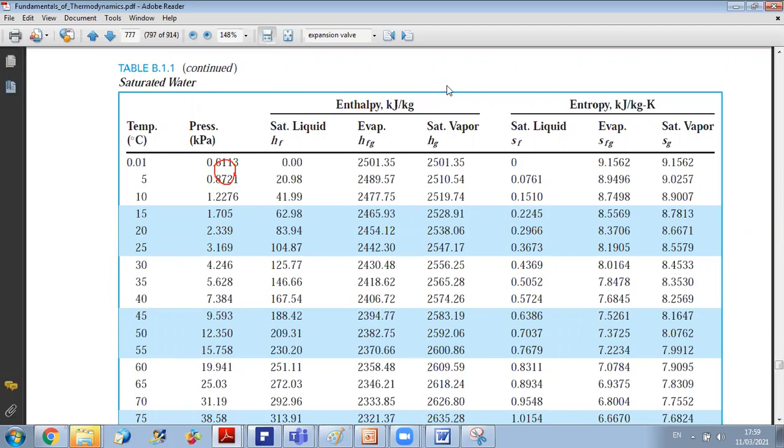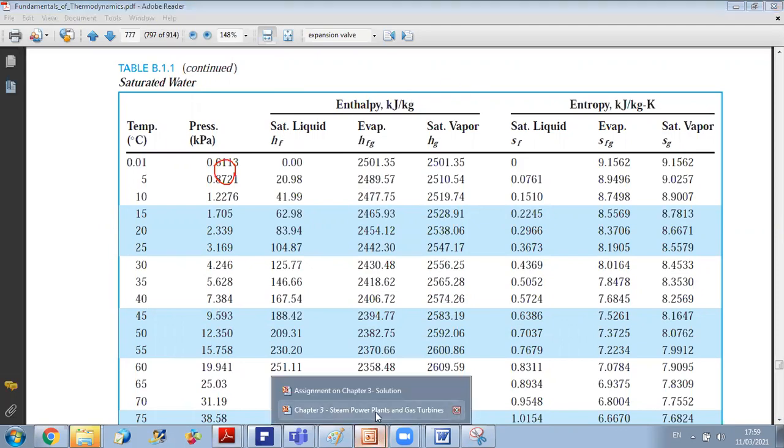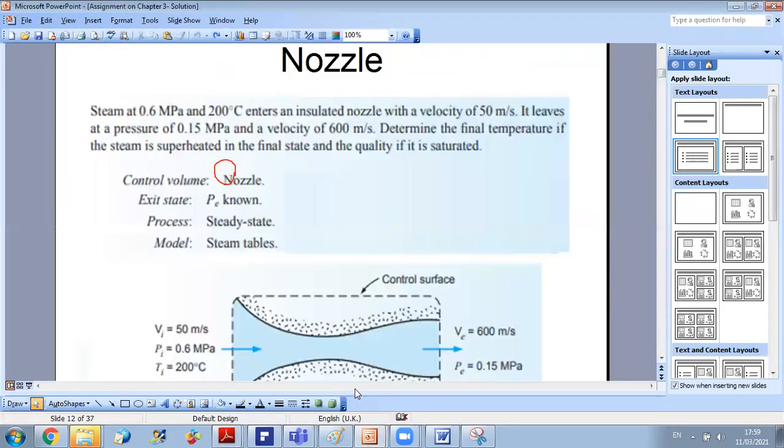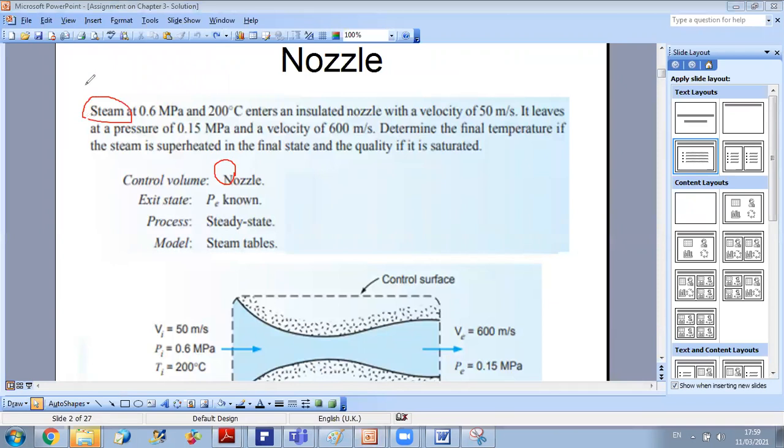Okay, so for example, in our example here, what do we know? We know that we have steam. Since it's steam, when they tell you steam, this is in vapor state. So when they say steam, it means that I am in the vapor state. Of course, because I am in the vapor state, this is a superheated state.